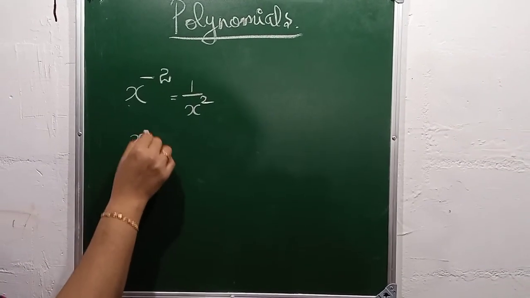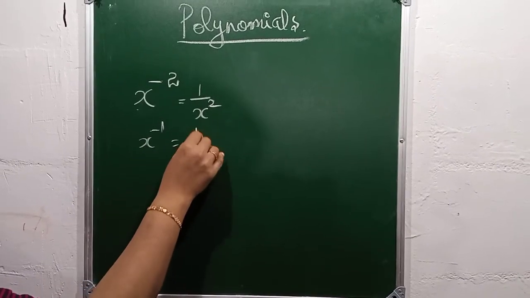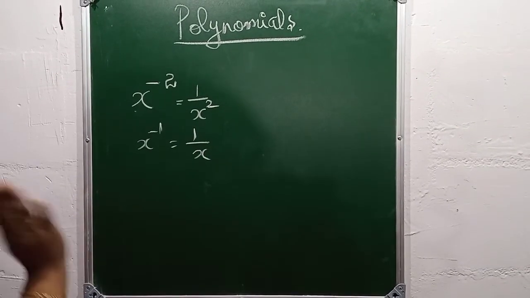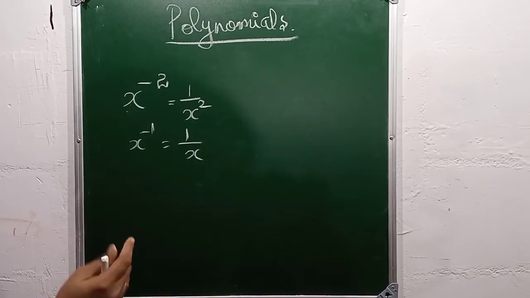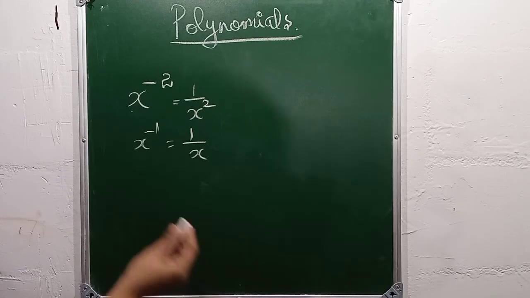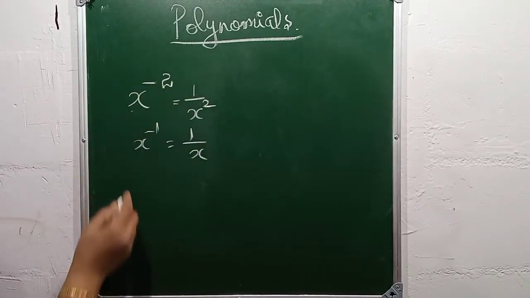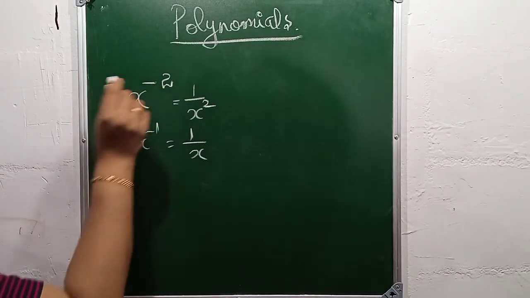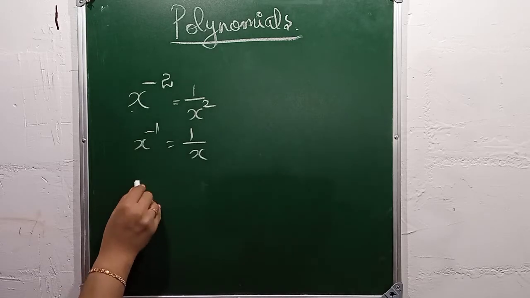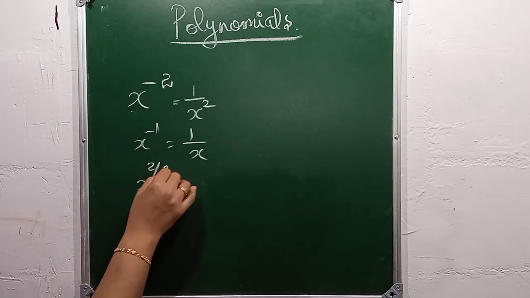Okay, and x raised to negative 1 is equal to 1 by x. That should not be a term of a polynomial. So a polynomial should not contain a negative power, or a fractional power, that is x raised to 2 by 3.